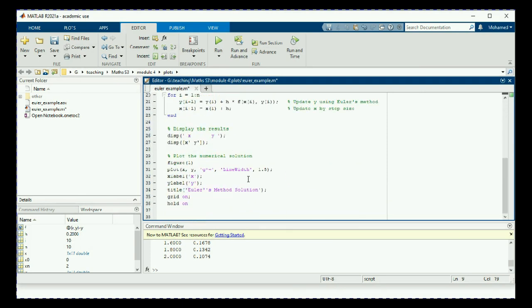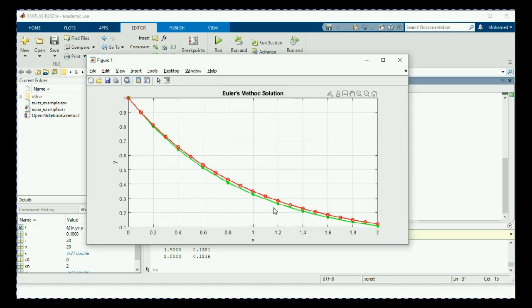This time we will plot it with a different color, red, and use circles. Let's plot. You see, the green one is the previous solution and the red one is the new solution.